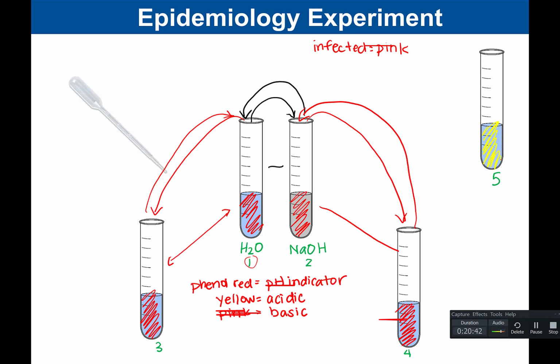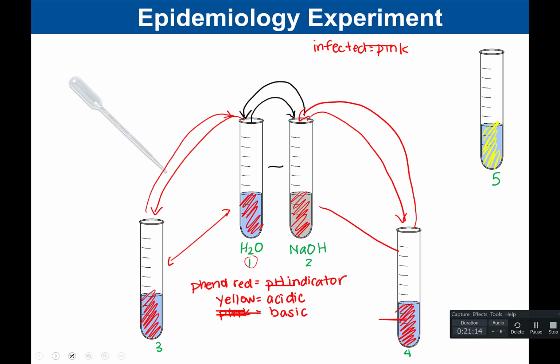So out of our class, in this experiment with 2 contacts, we would expect that most people would have tubes that are yellow, meaning they were not infected, but we would have 4 people who would be expected to have the disease. Now, at the end of this round, I would go around and add phenyl red to everybody's test tube to see who was infected during this experiment.